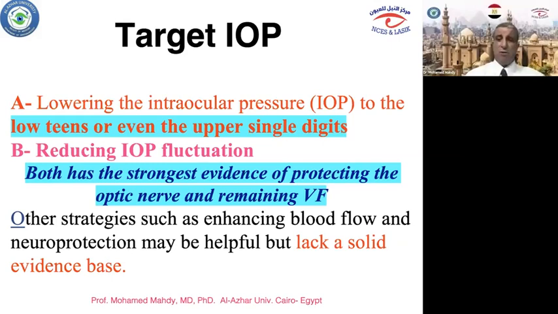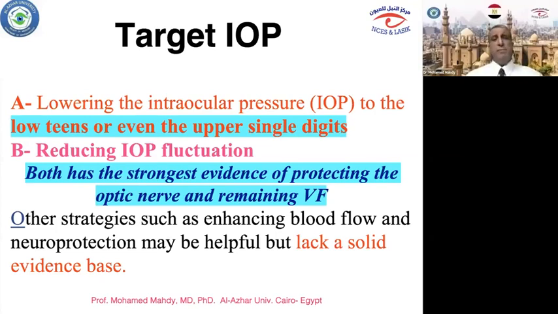How are we going to increase the ocular blood flow? Our capabilities are limited. What are our mechanisms of neuroprotection? Our mechanisms are very limited. So the only neuroprotective mechanism here is lowering the intraocular pressure and reducing its fluctuation.